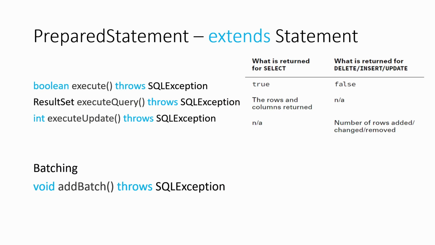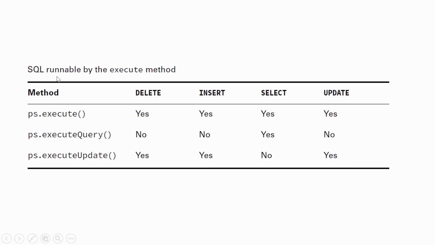Execute update we cannot use with select, we can only use with delete, insert, and update, and it returns the number of rows added, changed, and removed. Okay, and on the next one there is a summary which I have already explained: execute we use with everyone, execute query only with select, update everyone but select.